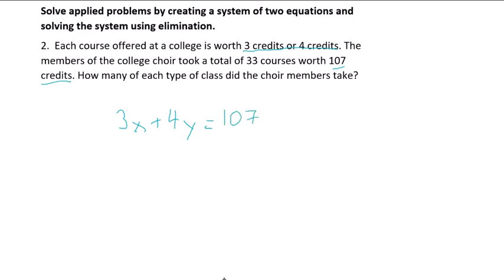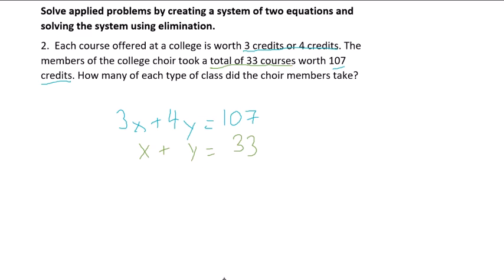So that's all the credits. And then they took a total of 33 courses. So that would be x plus y equals 33. But we need to solve this to figure that out.